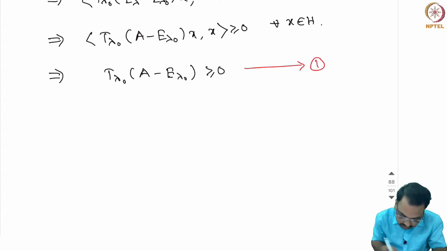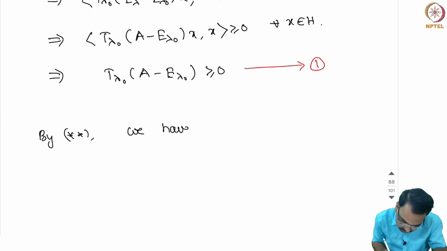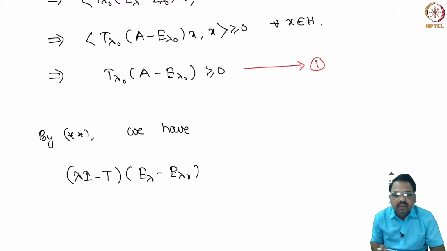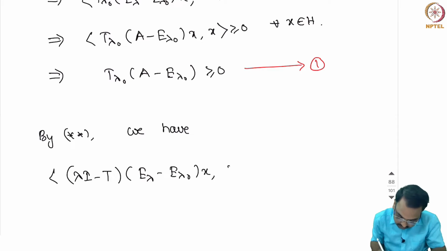So by the inequality double star, we have that the inner product of (lambda I minus T) multiplied by (E lambda minus E lambda naught) acting on x, with x, is positive for every x in H.